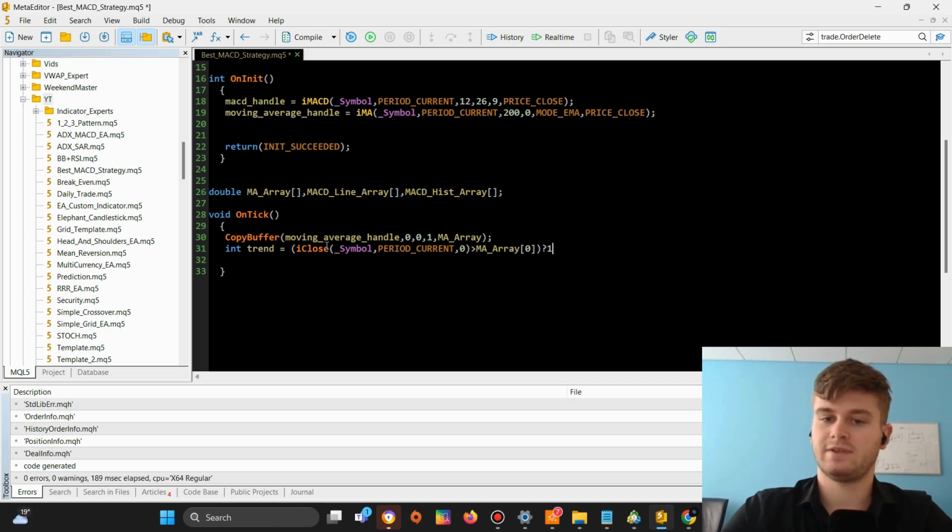If this happens, then we have an uptrend, which will be represented by number 1, and if that doesn't happen, that means that the current price is below the moving average, so we are in a downtrend, and downtrend will have number 2 to it. So this is the trend value.